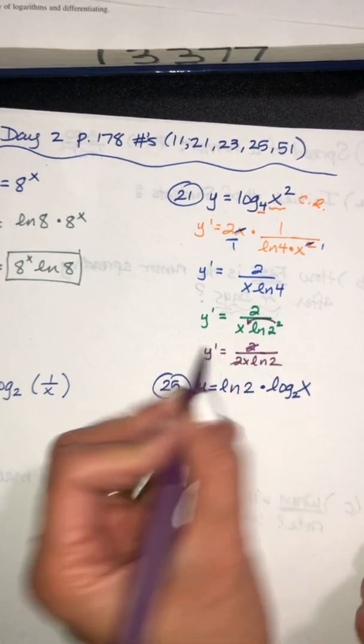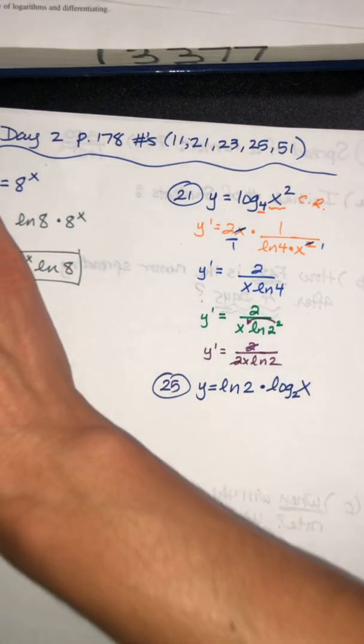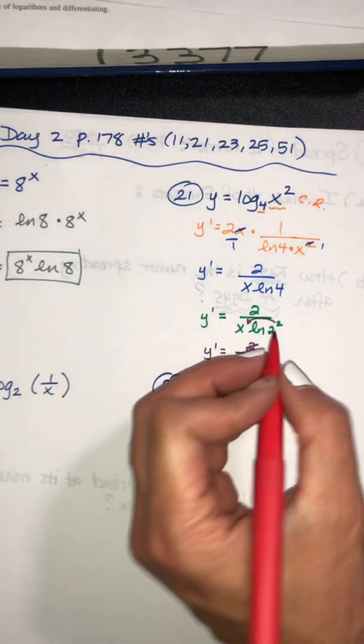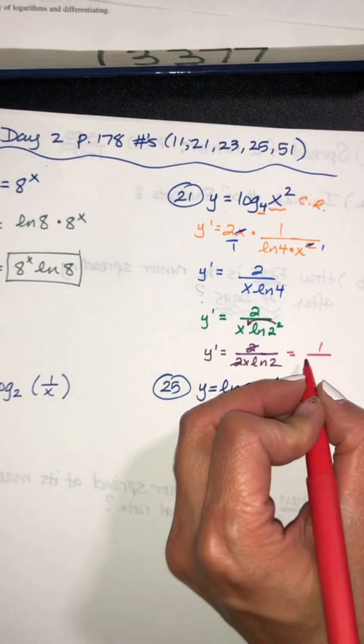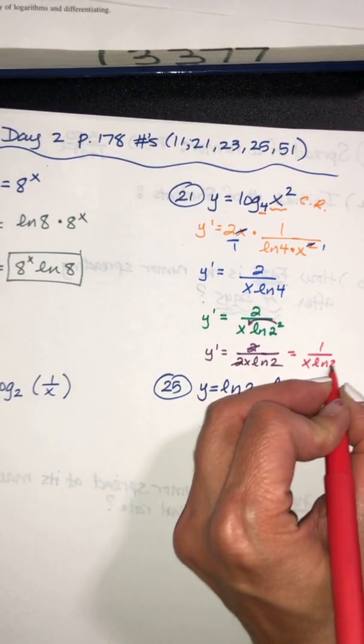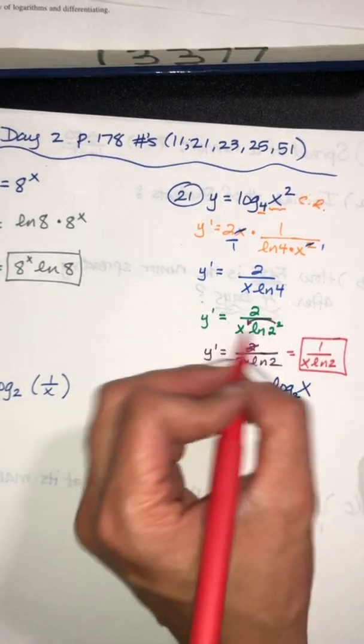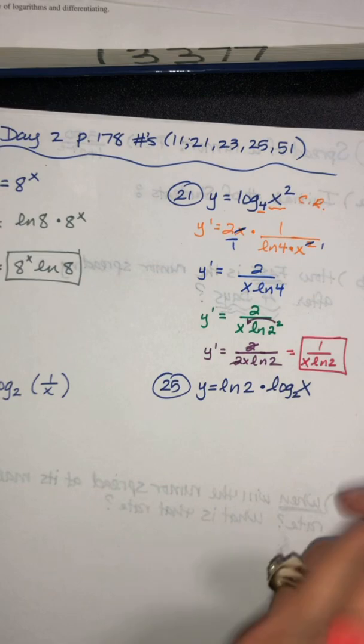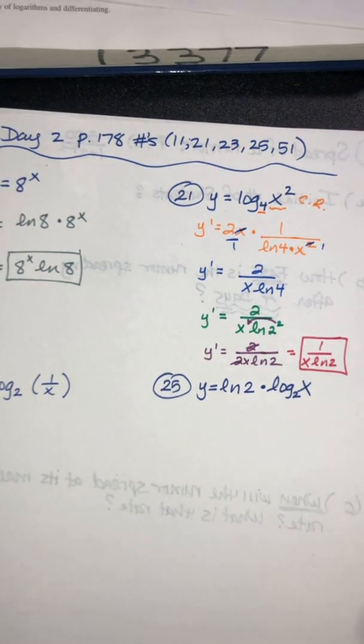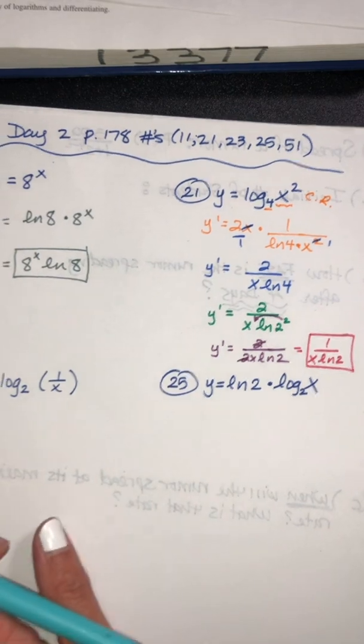And then those 2's will cancel, and our final answer would be 1 over x natural log of 2. So if you made it this far, where I am in the green, you're almost there. You have literally one more step left to follow, and then you'll be simplified all the way.